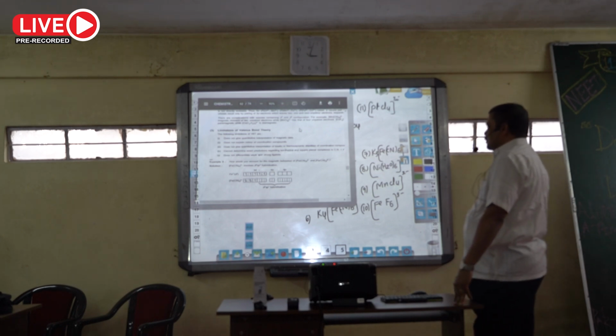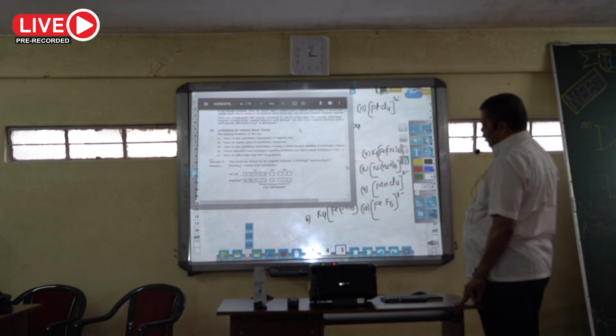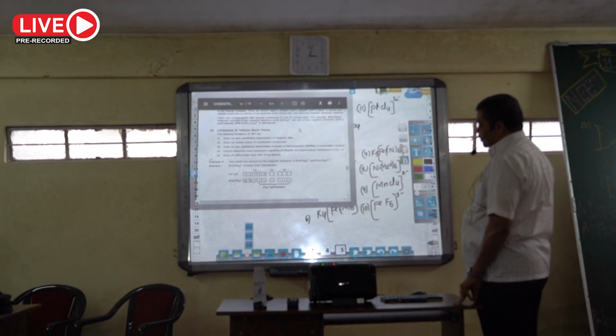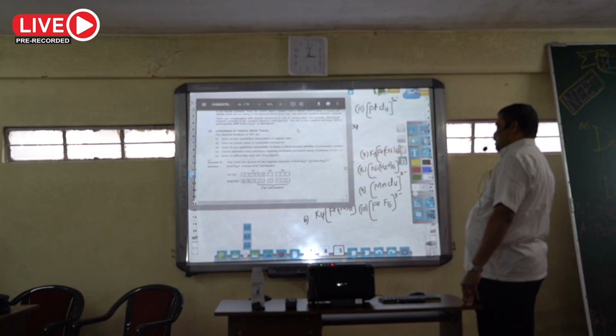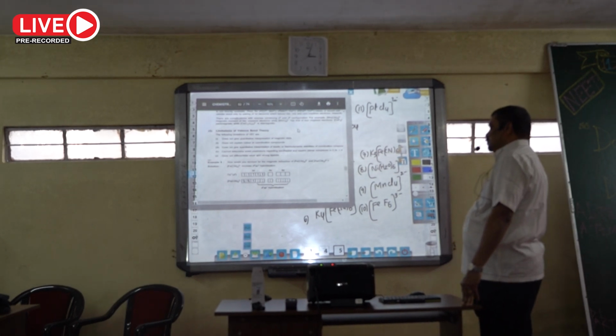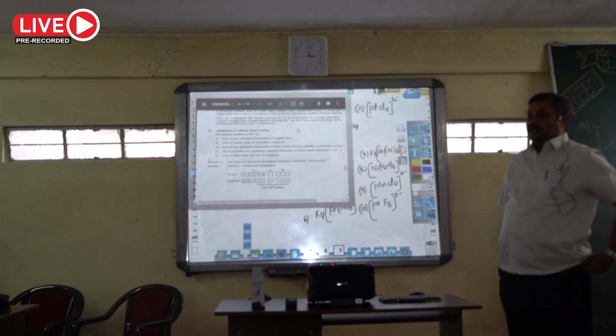Cannot distinguish why complexes with 4 coordination number will have 2 shapes, tetrahedral and square planar.